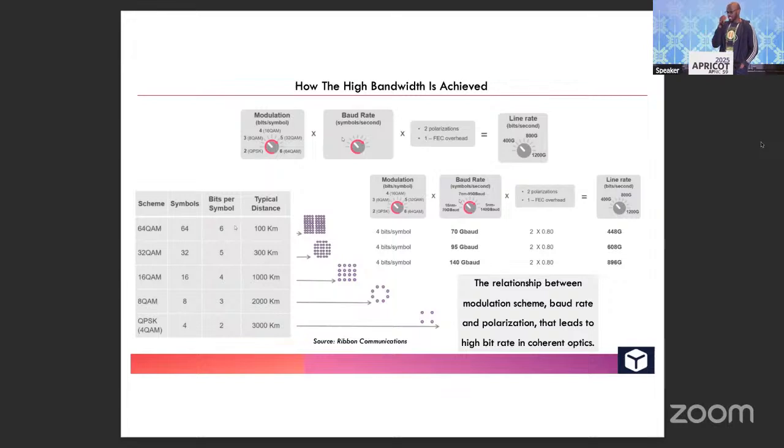Now, essentially, what happens is if you have a much higher distance, you want to go and have a much lower modulation because the possibility of what we call the optical eye being detected on the other side increases.